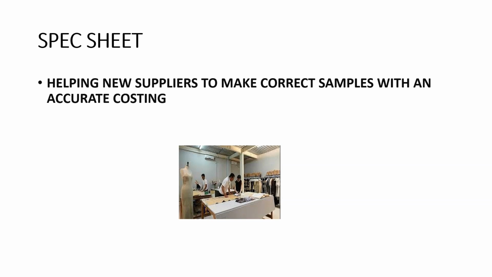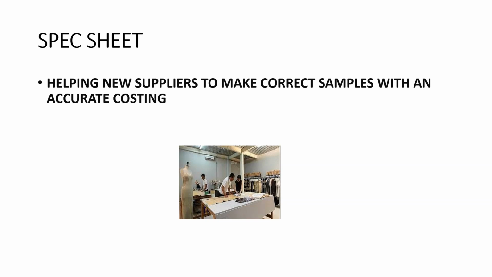And when we do the correct sample, and all the specifications are correct inside the specification sheet, then students, it is very easy to do the costing, because it is very specific in nature in the specification sheet.